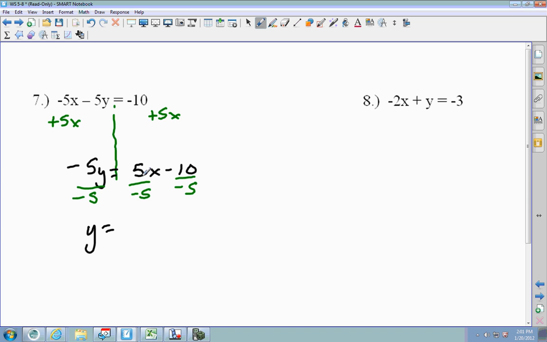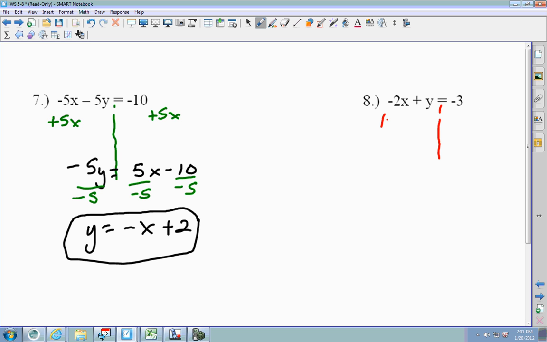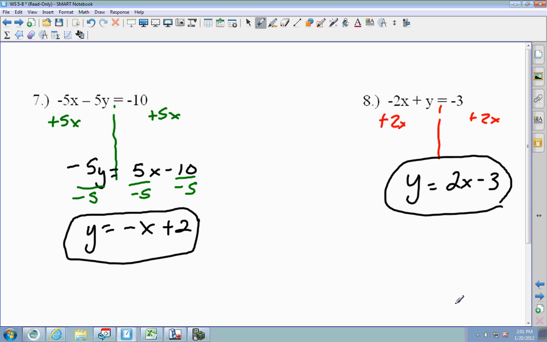Y equals negative 1x plus 2. Next one, add 2x to each side. You get y equals 2x minus 3. It's already in y equals form, so this is as far as I have to go, and that's my answer.